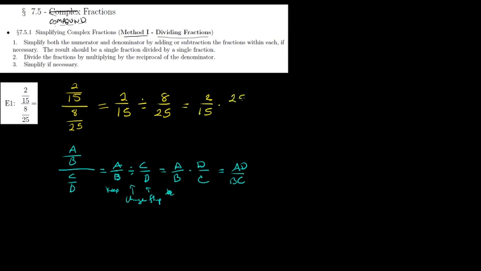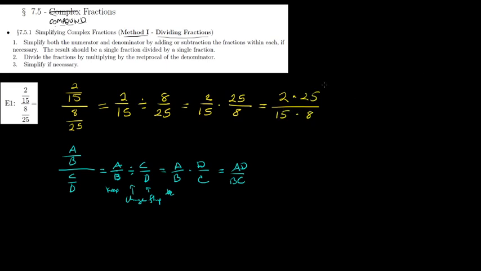The second fraction, instead of 8 over 25, when you flip it, becomes 25 over 8. Okay so far? All right, so now how do we multiply these fractions? Well, multiplying is easy, right? Multiply straight across. So this is 2 times 25 all over 15 times 8.